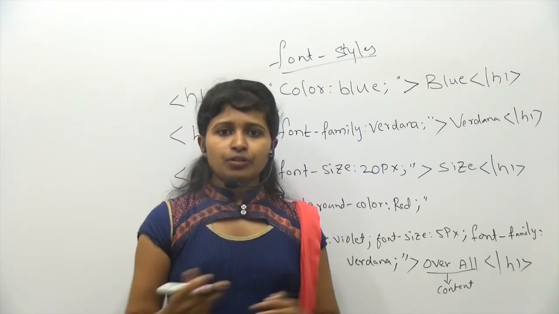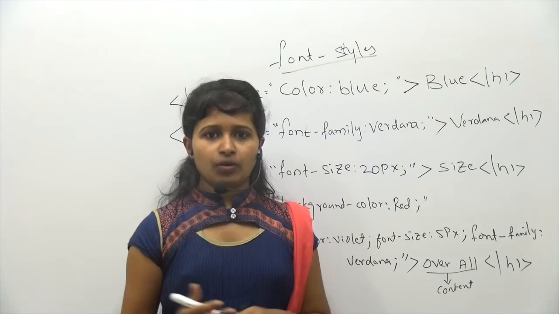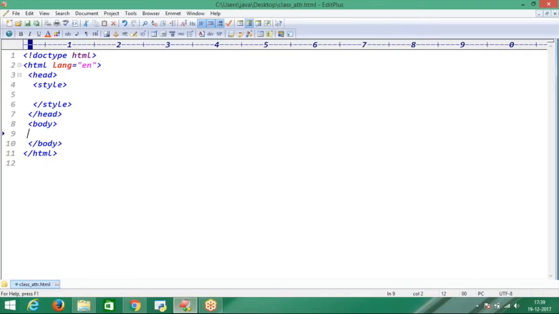Now we are going to see the margin, padding, borders and more. Here I'm going to add H1 with a style attribute. In the style attribute, it needs to be written in double quotes, so I'm giving a color over here, red, and I'm also giving the content as red. I'm going to print this and close this.